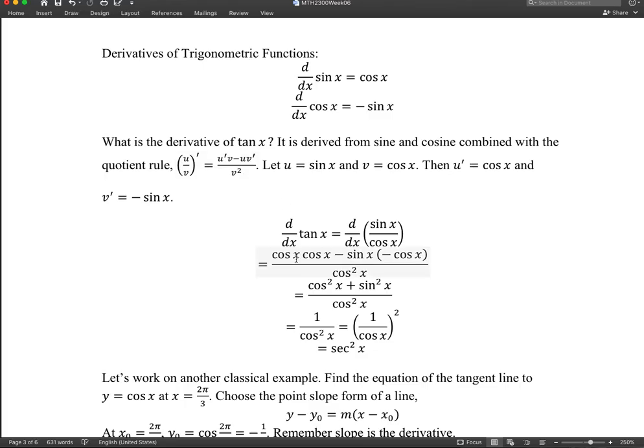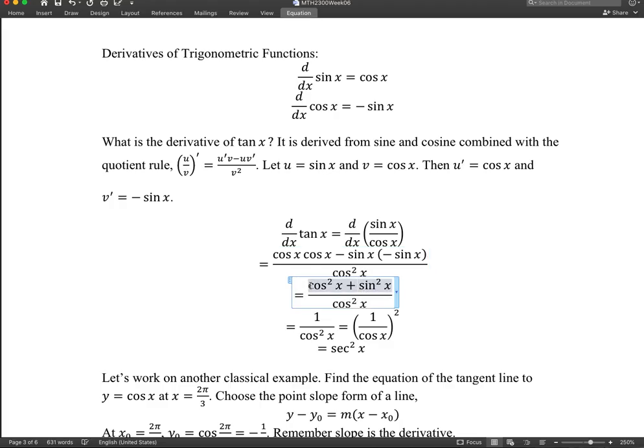And then I look at the terms in the numerator. Cosine times cosine, I think the cosine is squared, right? And then minus sine, and there's another minus here. Actually, I think I need to make a correction. I believe this should be minus sine, because that is really the derivative of the denominator, the derivative of cosine, which is negative sine. So we are seeing two minus signs, which tend to be plus. Sine times sine, that's sine squared.